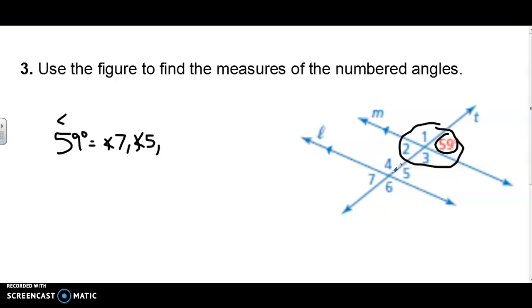And then the other angle that's 59 degrees: if angle 5 is 59 degrees, the alternate interior angle of that is 2, so that's also 59 degrees. So that means the other angles, angle 1, angle 3, angles 4 and 6, are all going to be supplementary to this angle, so they're all going to be 121 degrees.